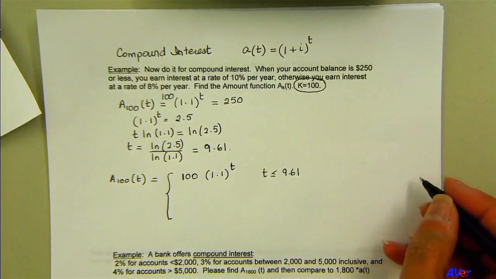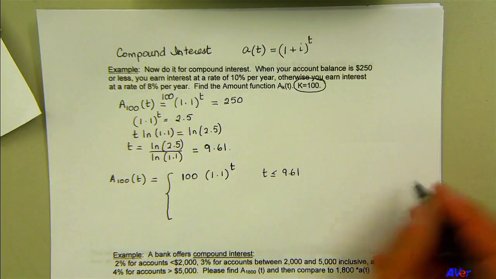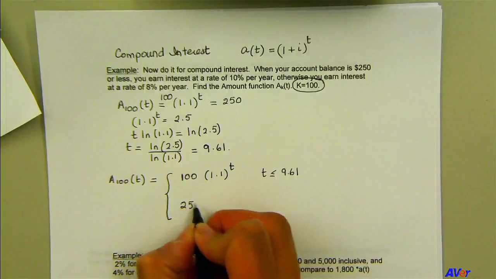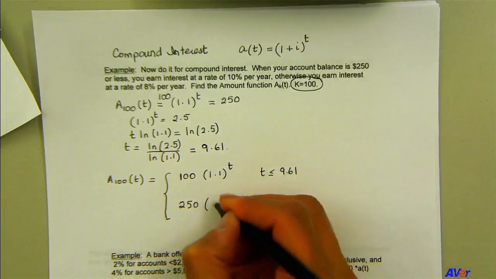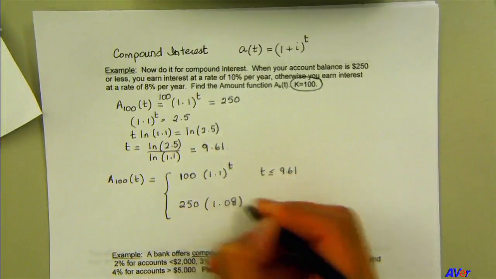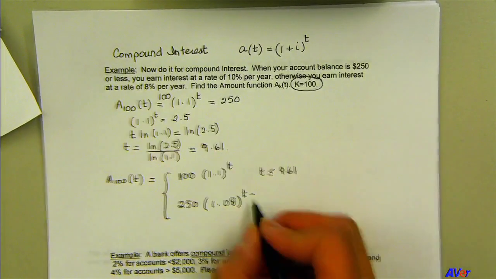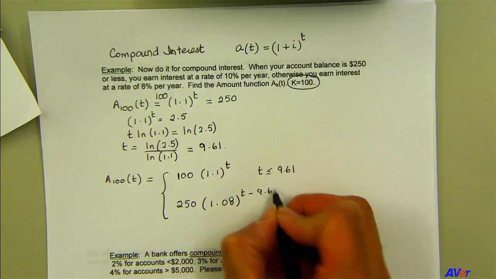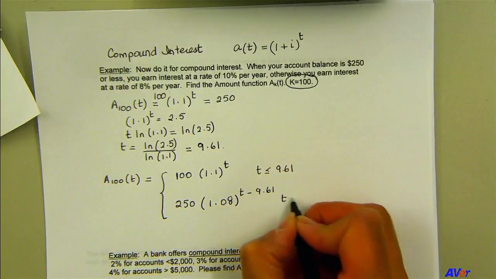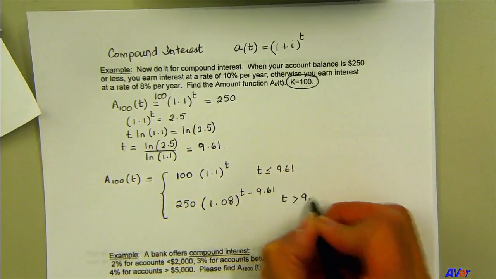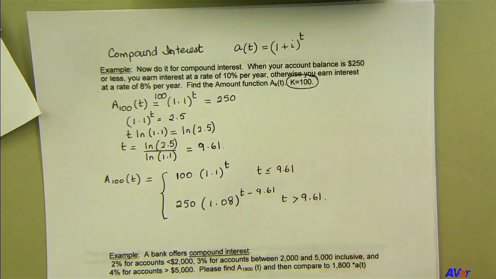How much is in my account at 9.61? Yeah, 250. 1.08 to the T minus what? Exactly. And that's the function for t greater than 9.61. Are you in agreement?